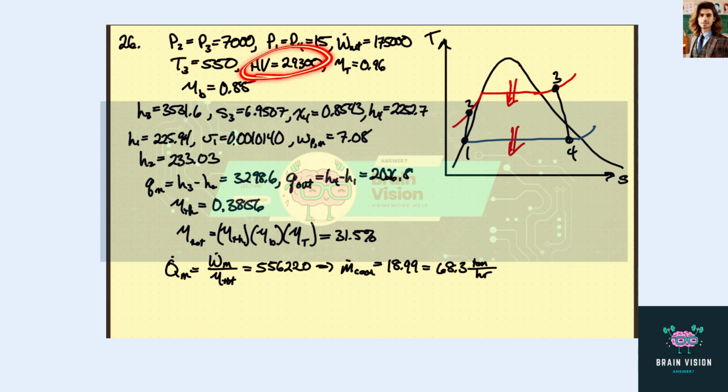And we're told the heating value for the coal, so basically the energy released when it's burned, is 29,300 kilojoules per kilogram. The efficiency of the turbine is 96%. The efficiency of the boiler is 85%.